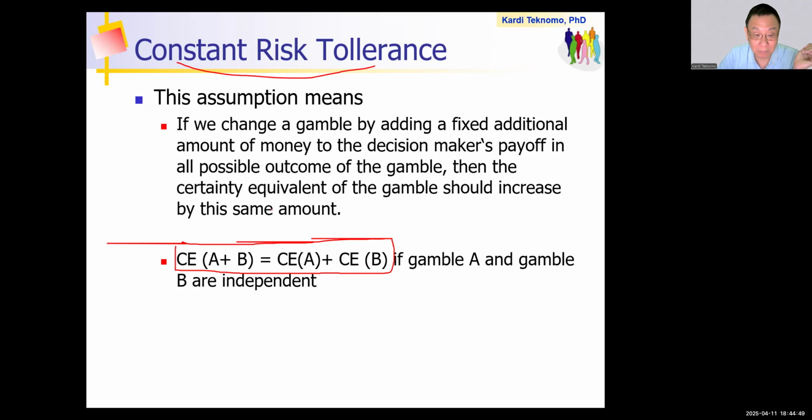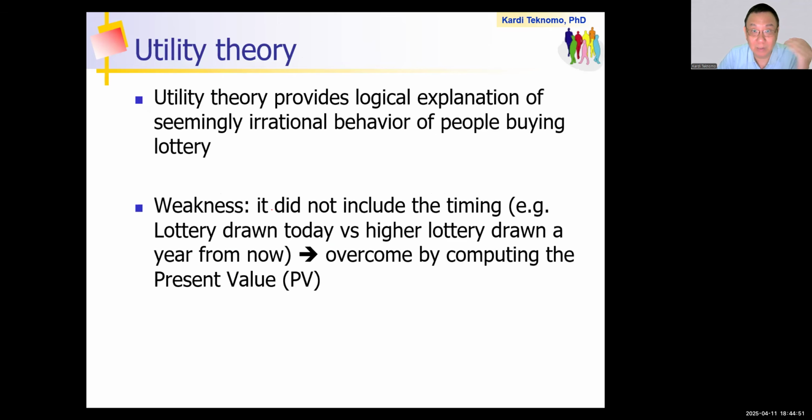So in summary, utility theory, very simple, provides a logical explanation of seemingly irrational behavior, like why people buy lottery tickets. That's the start of the idea. Of course, this does not include time. The lottery drawn today compared to the lottery drawn one year from now is different.